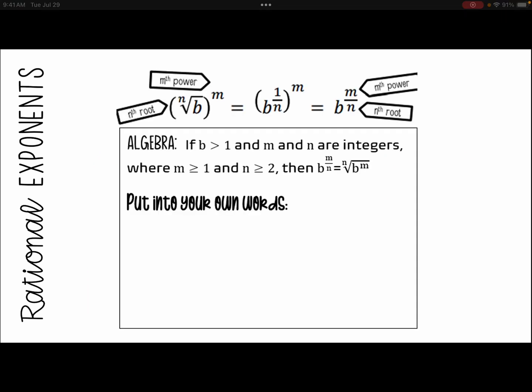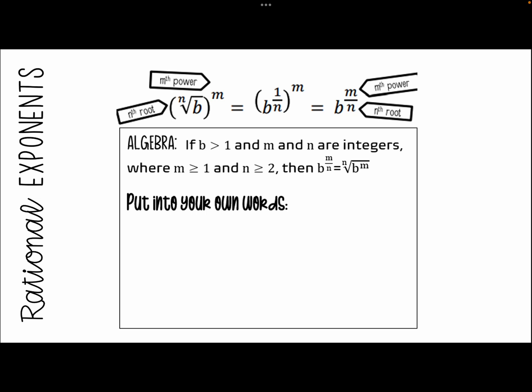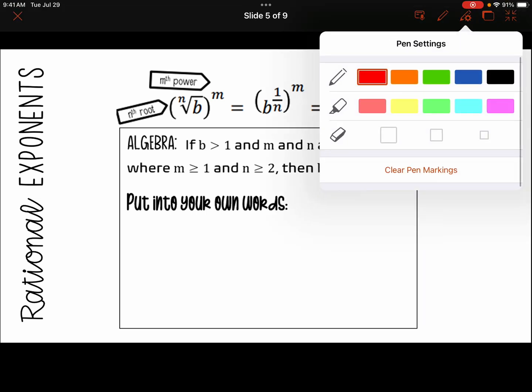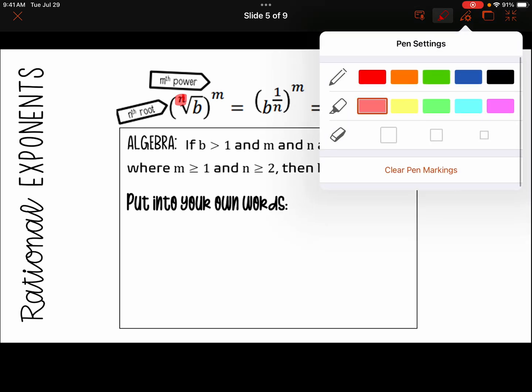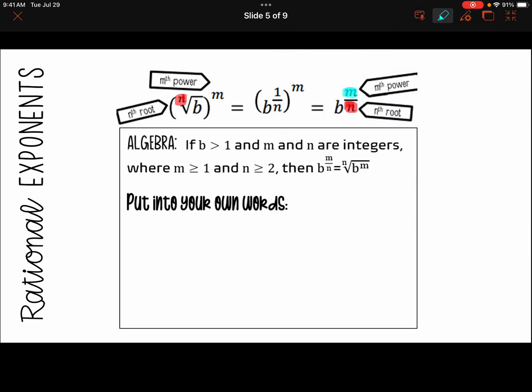All right, let's look at our other version. So the first part is still going to stay the same. The denominator is the root. But now our numerator in our exponent is no longer a 1. And that numerator is telling us the power that we're going to raise it to.